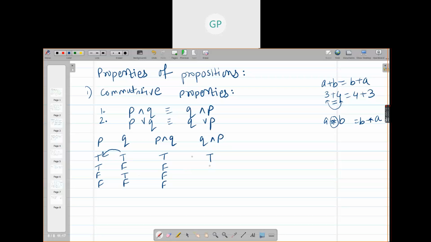FT should be F. TF should be F. FF should be F. Do you understand this? So they are logically equivalent. Same for disjunction.